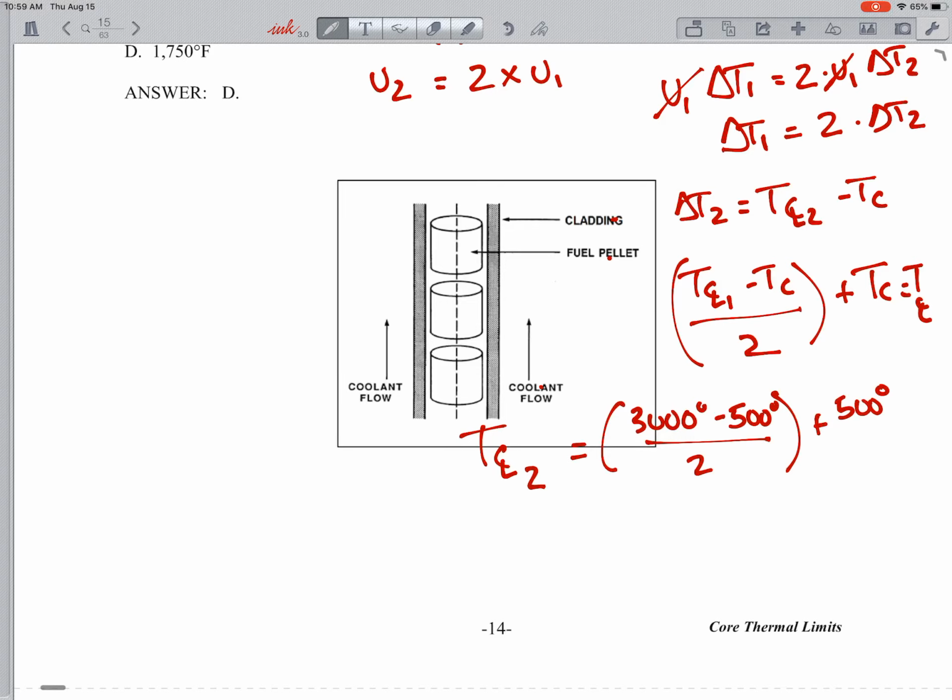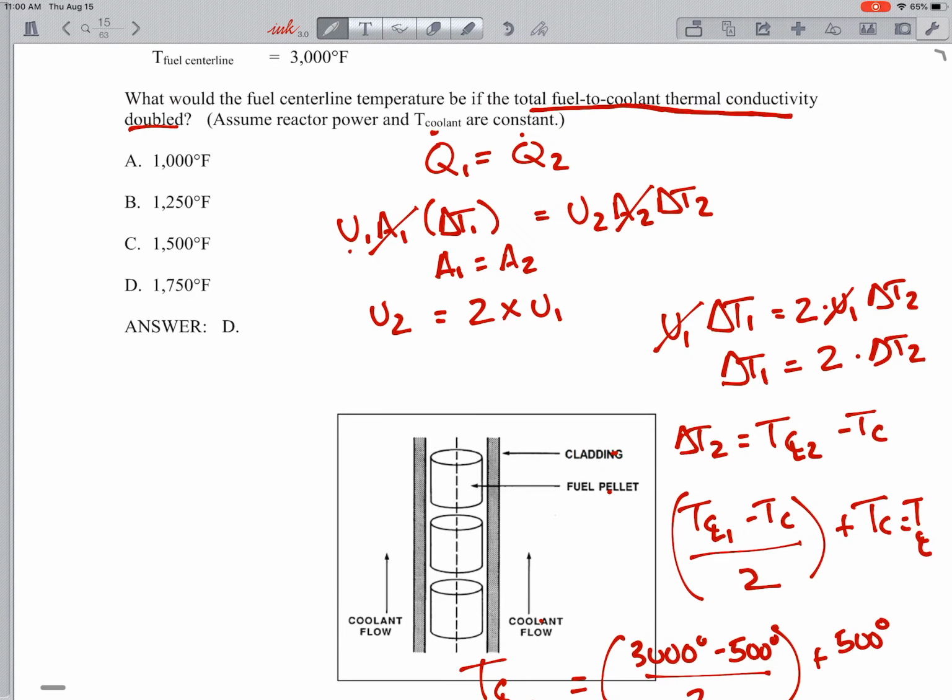So don't need a calculator for this. It's going to be 2500 divided by 2. And that's going to be 1250 plus 500 is going to be 1750 degrees Fahrenheit. And indeed, the answer is 1750 degrees Fahrenheit, and that's the correct answer.